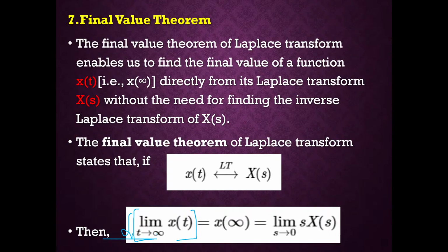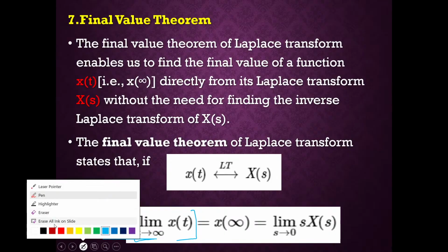Laplace of limit t tends to infinity x of t is equal to limit s tends to 0 s x of s. This is the final value theorem. So initial value theorem and final value theorem are important. I hope you might have written this.